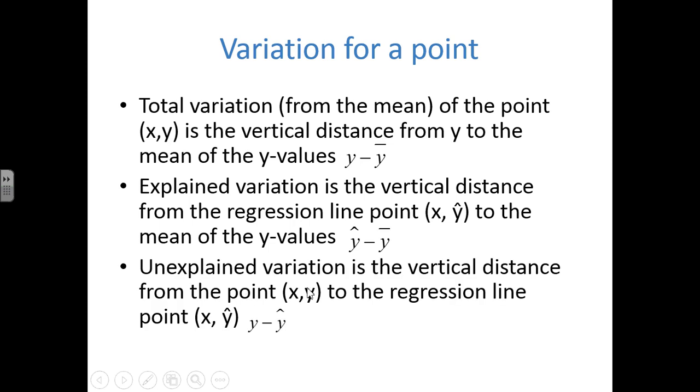And the unexplained variation is the distance from the actual value y to the predicted value y hat. Okay, so it is the vertical distance from the point x, y, which is from our sample, to the regression line point, which is x, y hat. The distance between this y and this y hat is known as the unexplained variation.